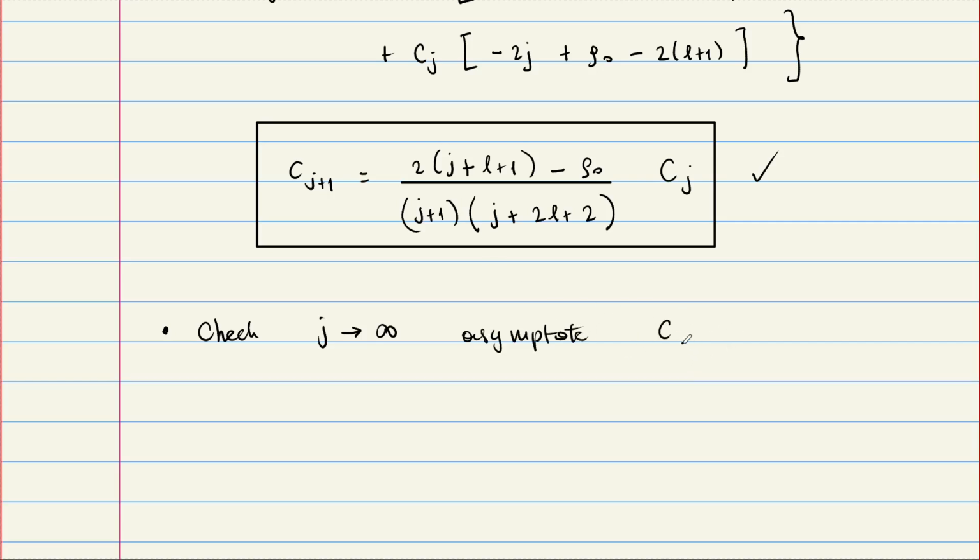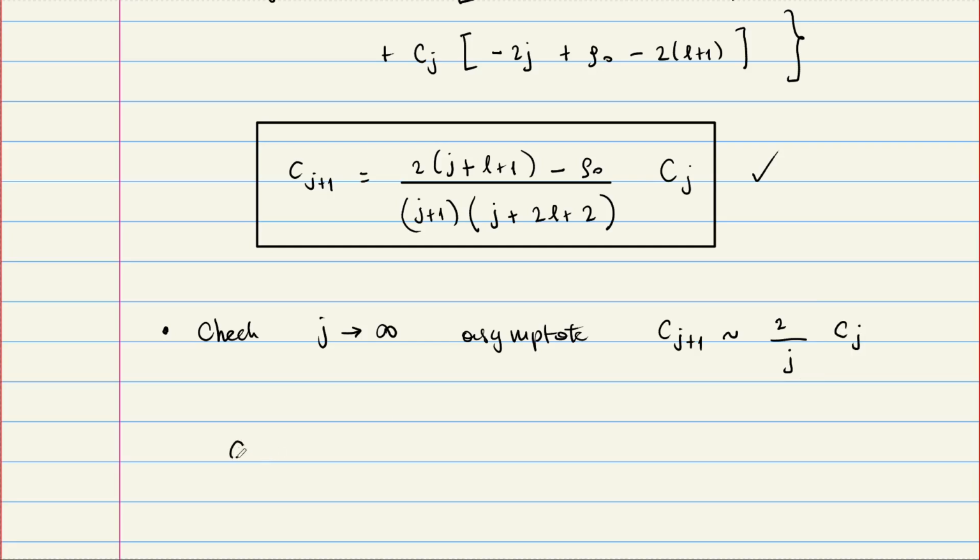So Cj plus 1 as j goes to infinity is asymptotically equal to, here these are all constants, I will only have 2j, and in the denominator I have j and j squared, and I will cancel this j squared with j, and I will have 2 over j times Cj.